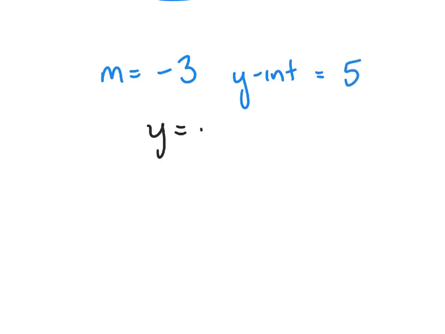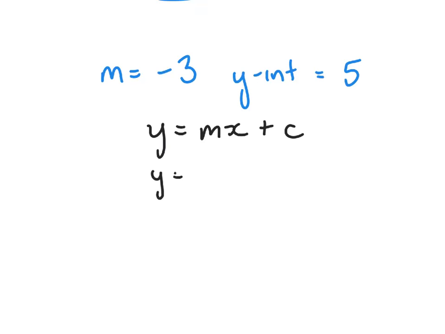We'll try another example now. If the gradient is equal to negative 3 and the y-intercept is equal to 5, I need to substitute this into the straight line equation.